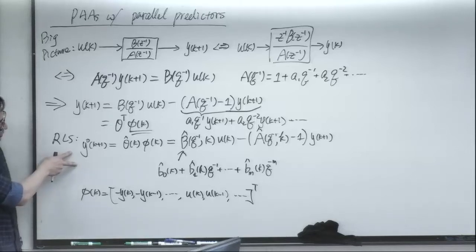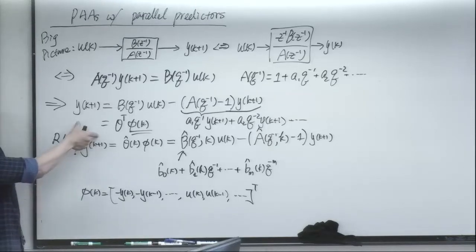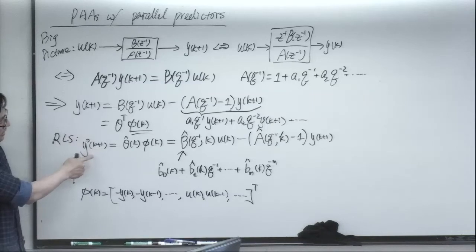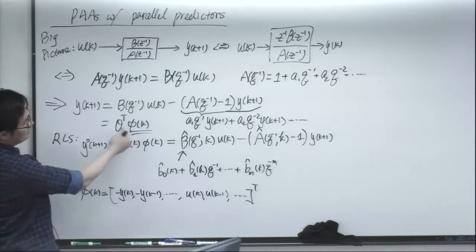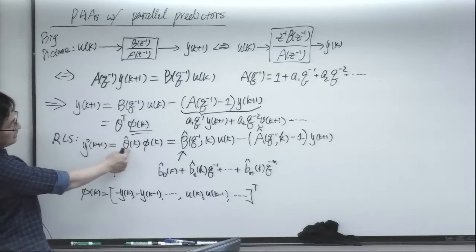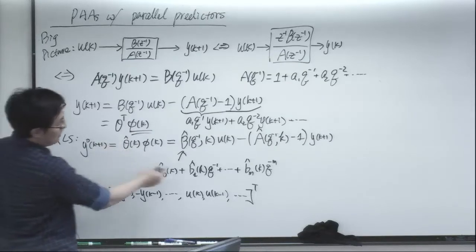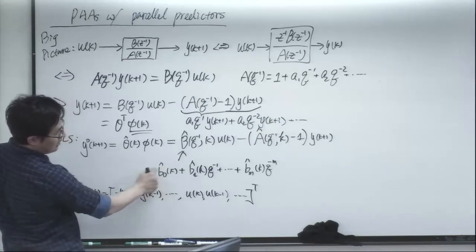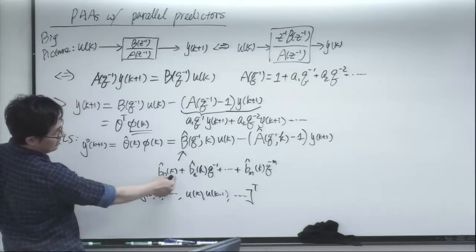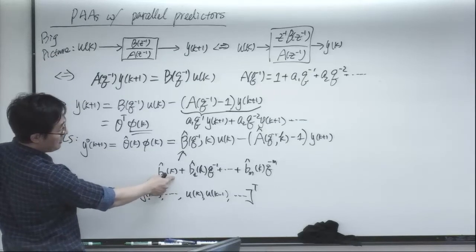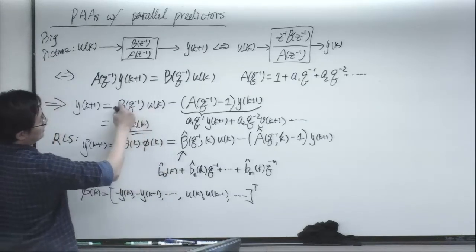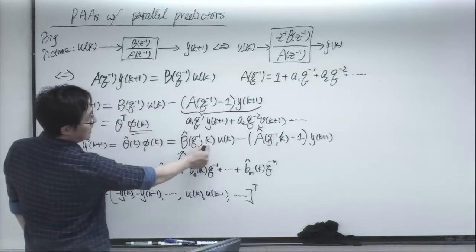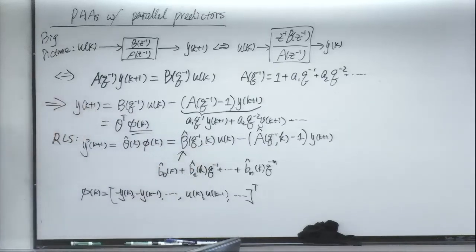Recursive least squares utilizes this structure and then says, I'm going to do prediction by replacing the theta vector by its estimate, where the theta hat is defined to include all these coefficients with the hat notation and the index k. So just replacing everything here with hat and adding a k index inside.